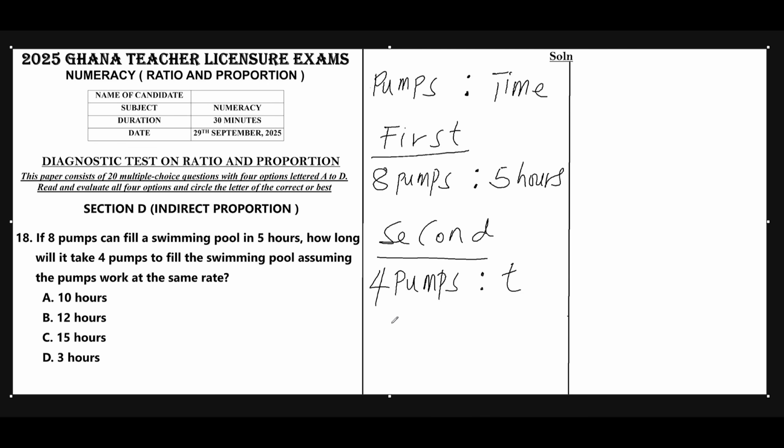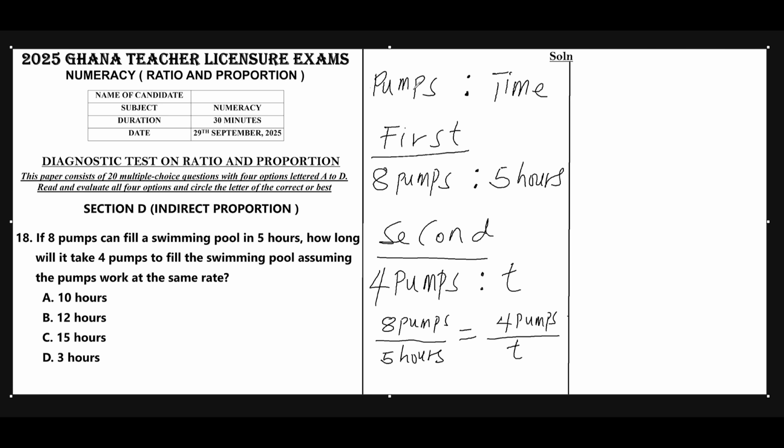So for the first instance, we have 8 pumps on 5 hours. Now the second instance, we have 4 pumps, but the time here is t. So we have an equation.